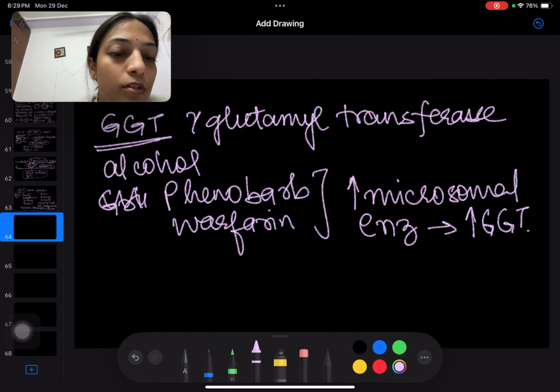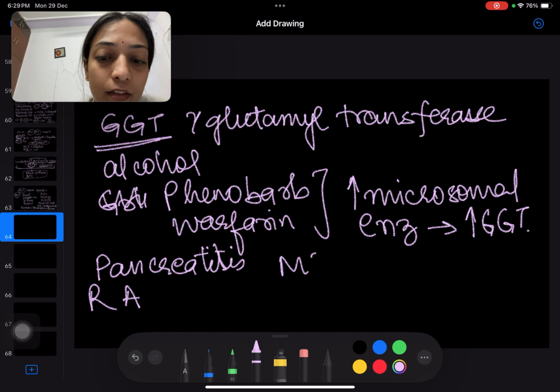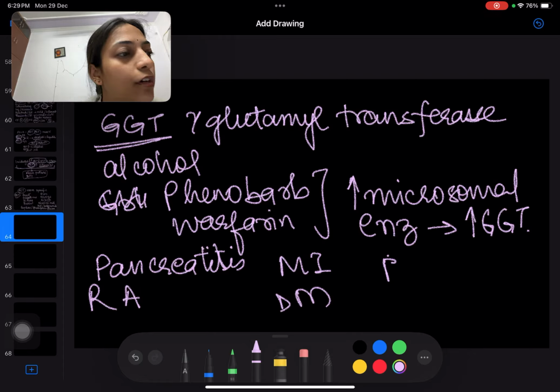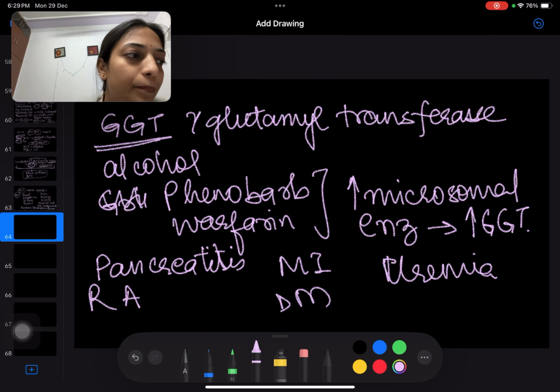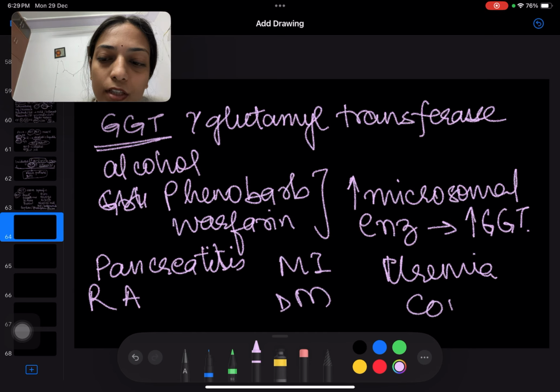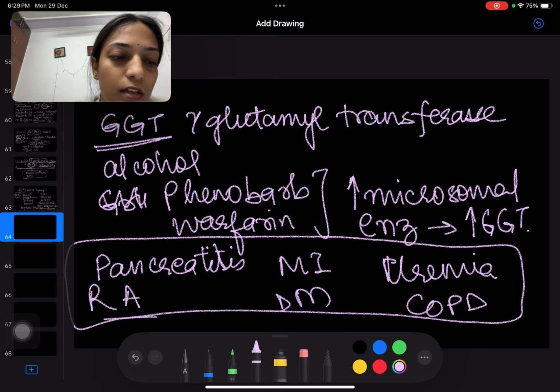Now, it is also increased in a few situations, like inflammatory situations in the body, like pancreatitis, then rheumatoid arthritis, then MI, then diabetes, then uremia, uremic gastritis, etc., then COPD. So these are a few conditions where GGT is raised, right?